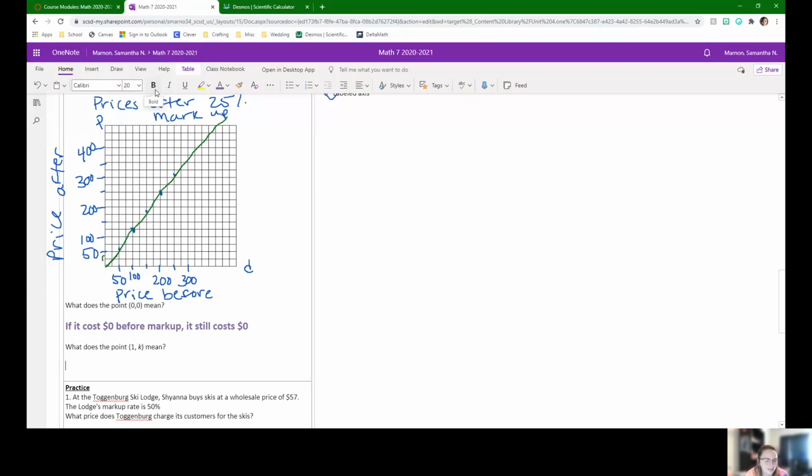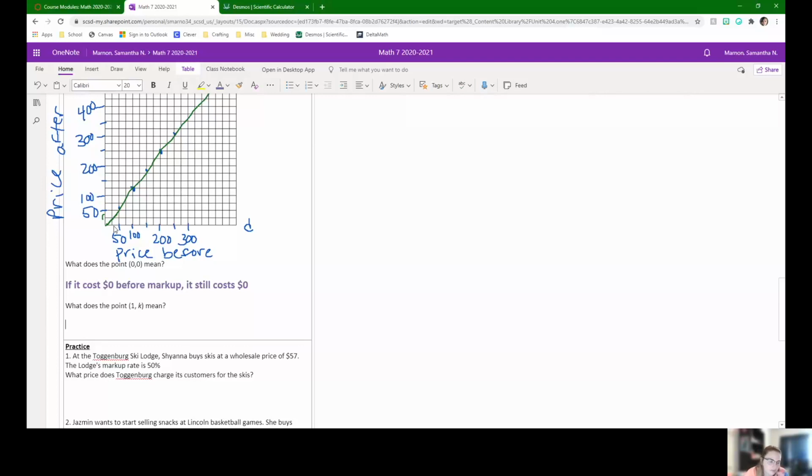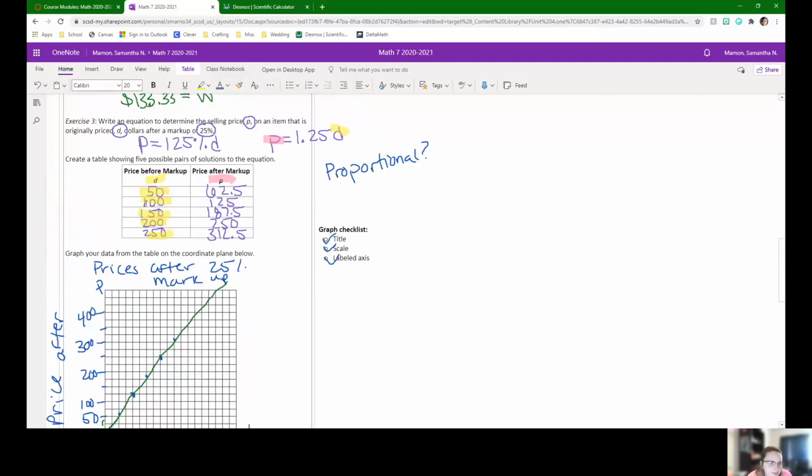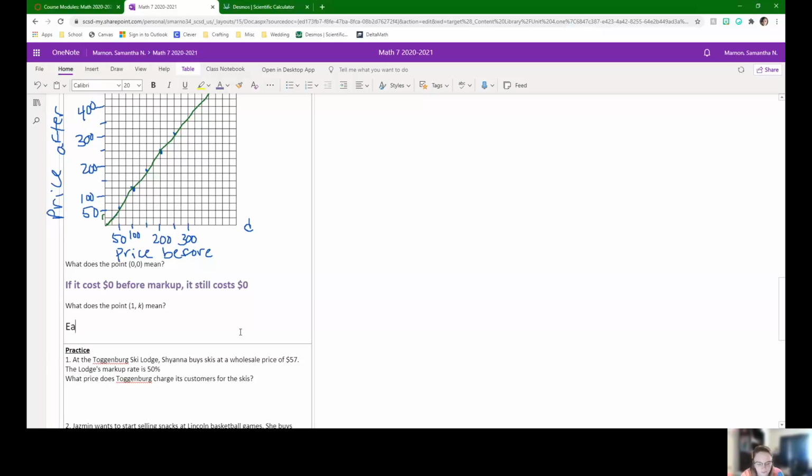But the point 1, k, or maybe 1, r, however you've seen it, if we had something that cost $1 before markup, if you multiply by 1.25, it's going to be $1.25. So each dollar gets marked up to $1.25.